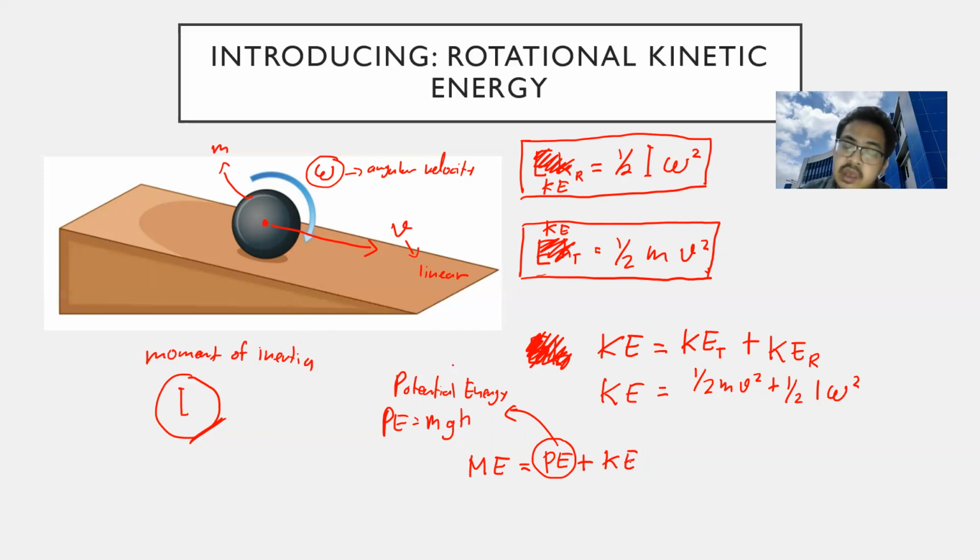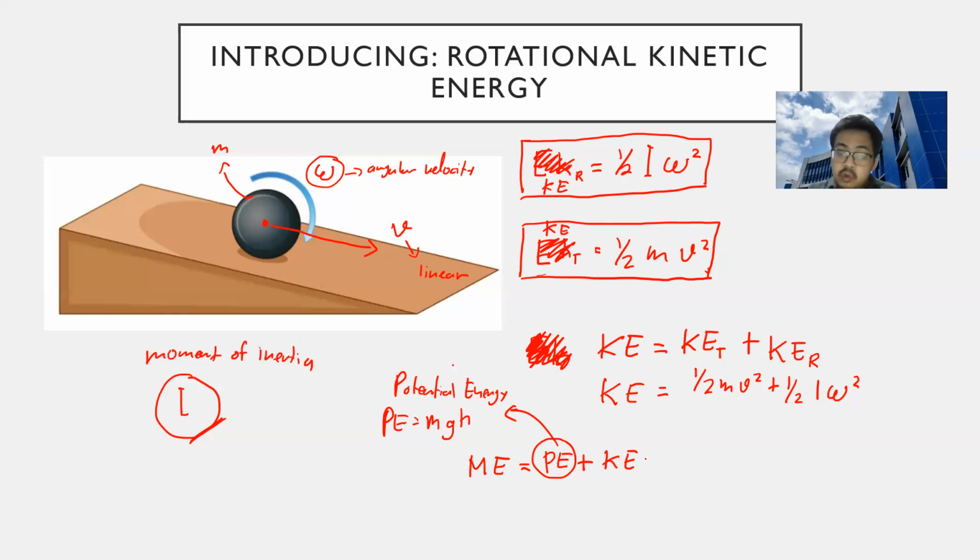And how about the kinetic energy? In the equation before, we only used this term because we only knew about the translational motion. But now we already know about the kinetic energy of rotational motion here. So we need to add up this term.